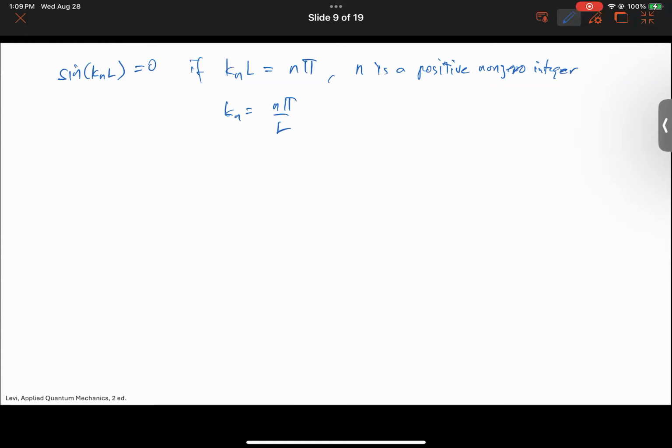Recall that the wavelength of a wave function here is 2L over n.